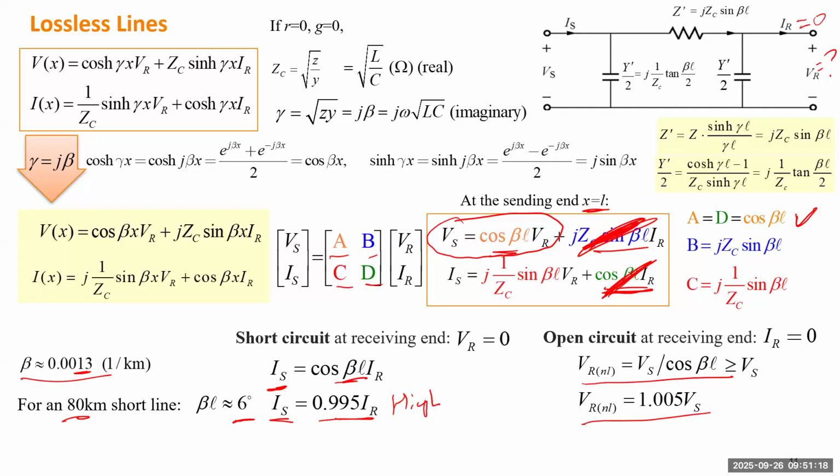How about open circuit? For open circuit, we explained that we expect this factor to be close to 1. Okay, because cosine 6 degrees is very close to 1. So how close? It's 1.005. So voltage doesn't increase much. It increases a little bit, only maybe 0.5%. So it's not a big deal at all.